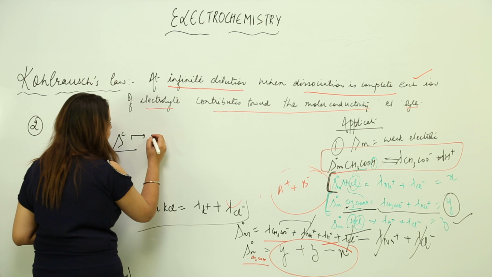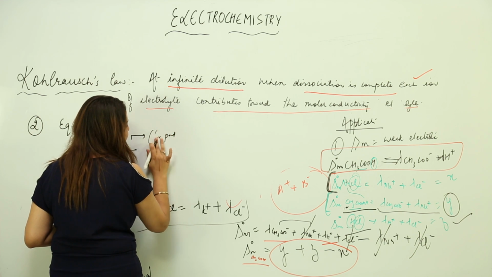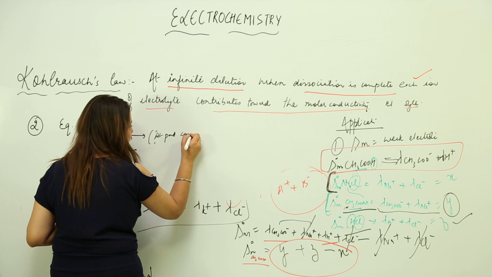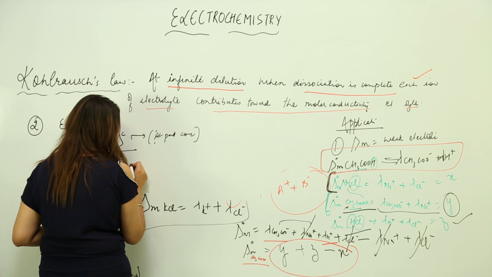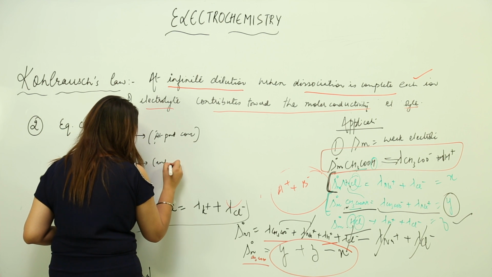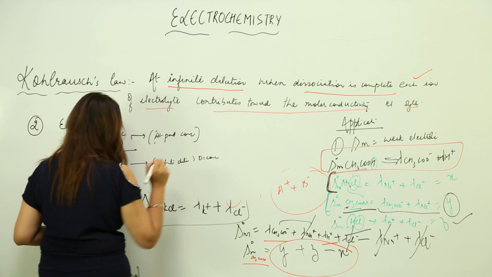It is the conductivity for a particular concentration, right, and this is going to be lambda naught, that is the conductivity at infinite dilution or at 0 concentration. We can write either of.